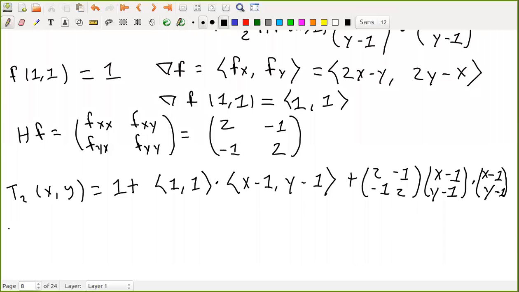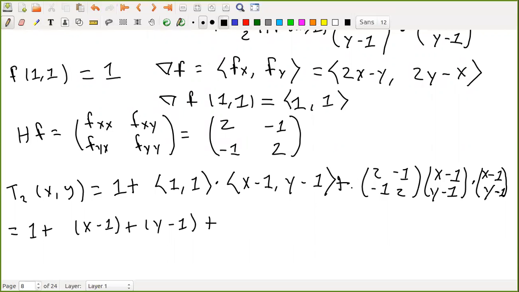So this is equal to 1 plus, if we do the dot product, x minus 1 plus y minus 1 plus, and I'm going to do this matrix vector multiplication and then do the dot product. Sorry, if you hear exasperation, it's because my son is now climbing into my lap.